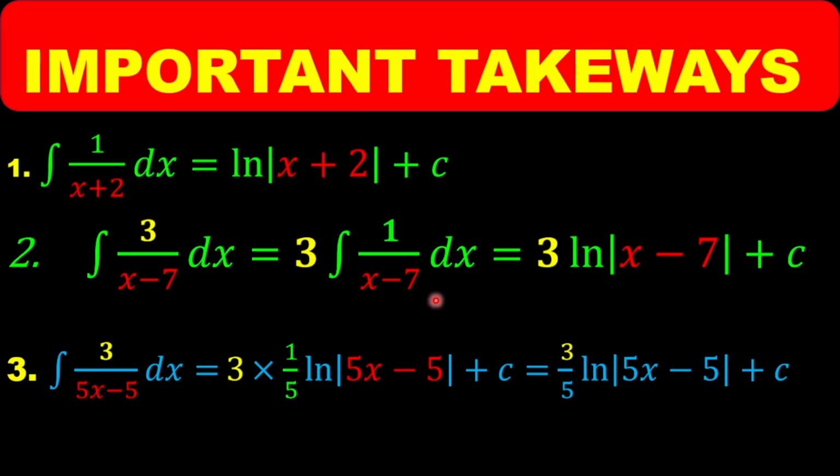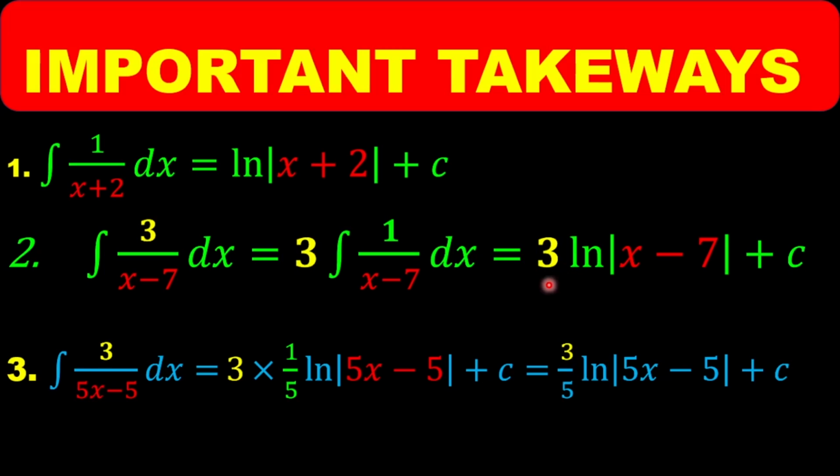When you integrate this, it is going to be the natural log absolute value of whatever you have down here, that is x minus 7 in absolute value, plus c. Now the 3 that you brought outside is going to multiply the natural log. This is another important key takeaway that we need to understand as we move on.